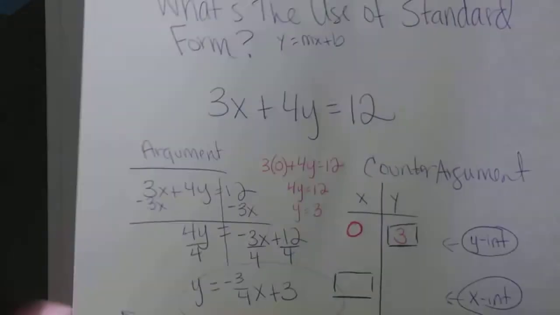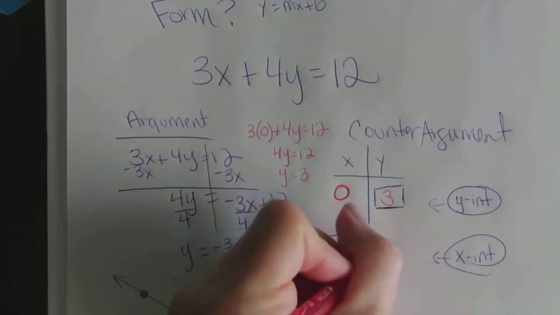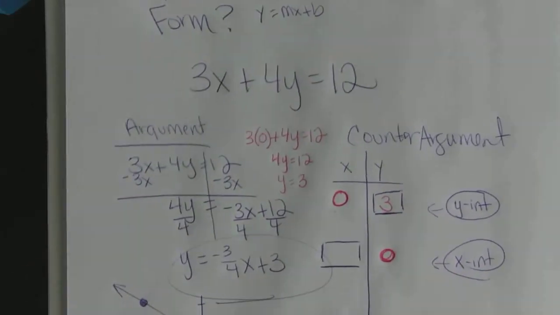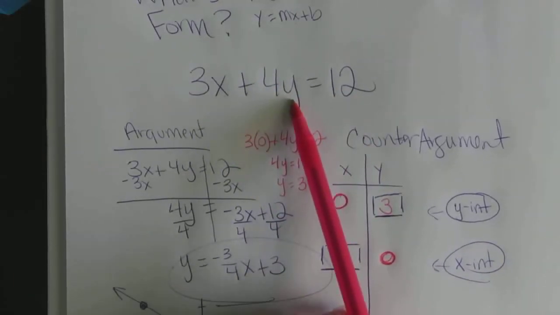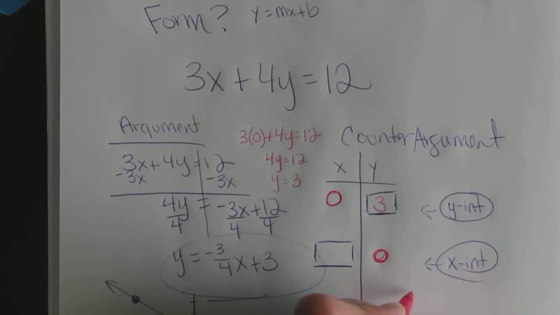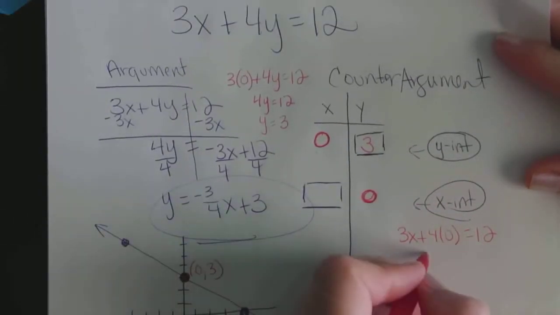So let's go back to our table again. In order to find an x-intercept, it's the y value that has to be 0. So if you fill 0 back up in standard form, but you put it for y this time, you're going to have 3x plus 4 times 0 equals 12. That's 0, so that's a wash.